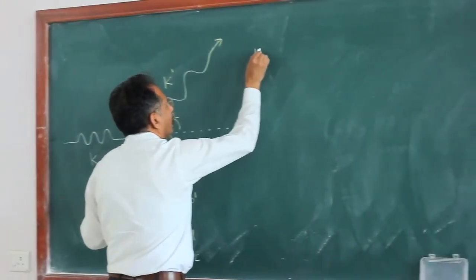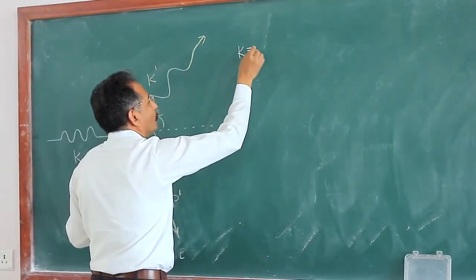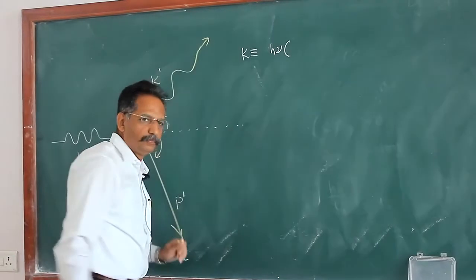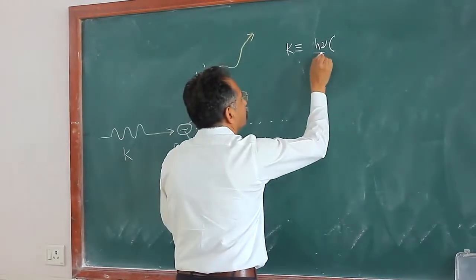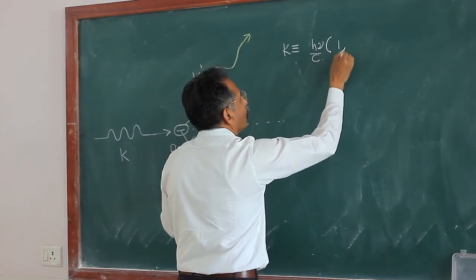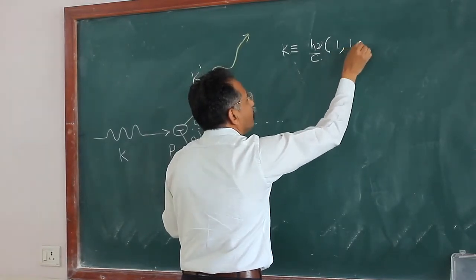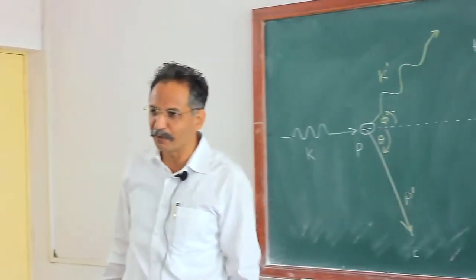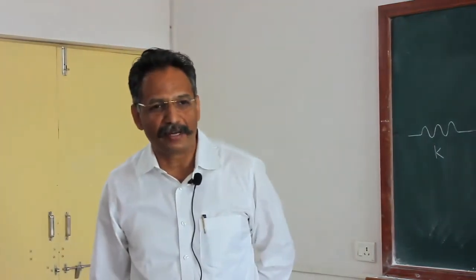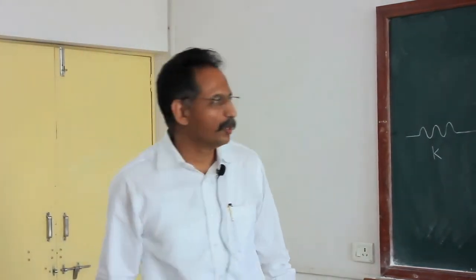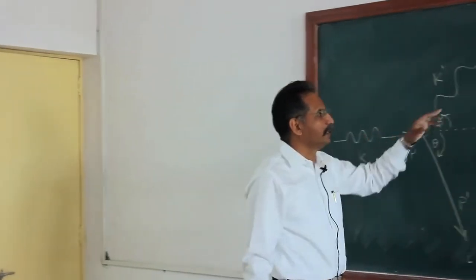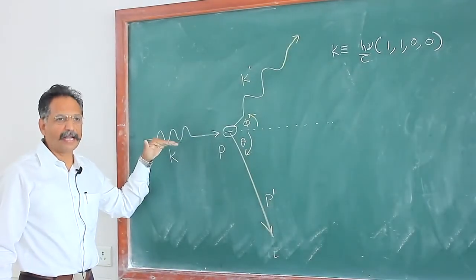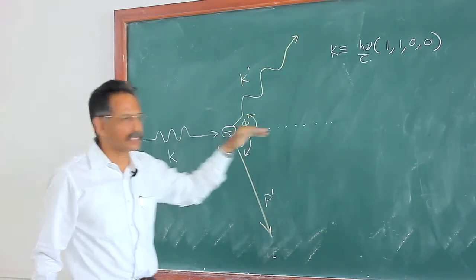So k is 4 momentum of the photon. I shall write h nu by c common, 1 comma 1 0 0. I am writing all 4 components because I have to account for directions. So it means that a photon of momentum h nu by c, zeroth component, and the momentum component is incident along x direction.